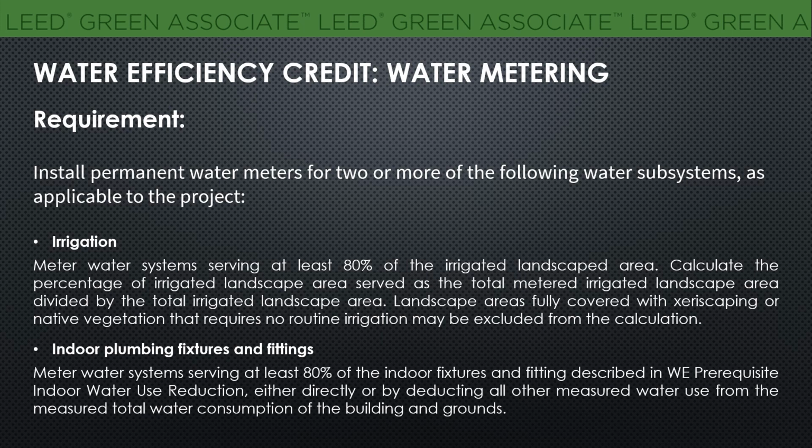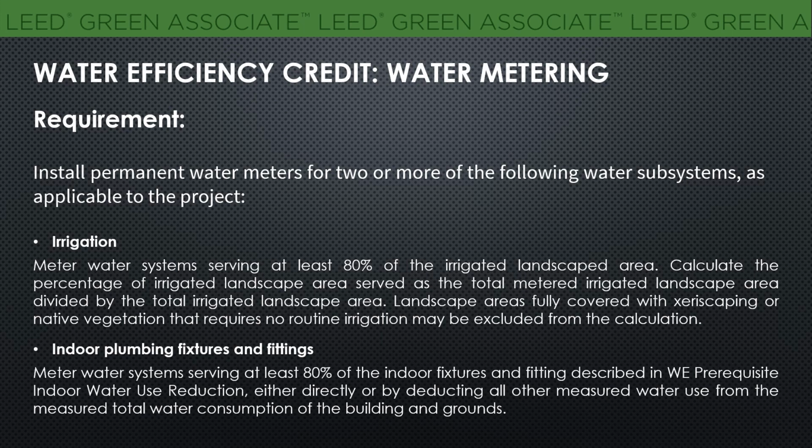Like for irrigation, meter water systems that serve at least 80% of the irrigated landscape area, and it is same as the indoor plumbing fixtures and fittings. Like we need to meter water systems serving at least 80% of the indoor fixtures and fittings. So coming back to irrigation, calculate the percentage of irrigated landscape area served as the total metered irrigated area divided by the total irrigated landscape area.